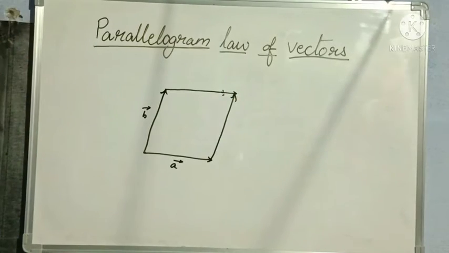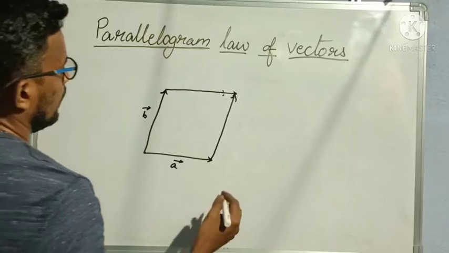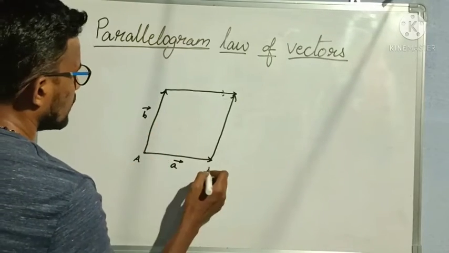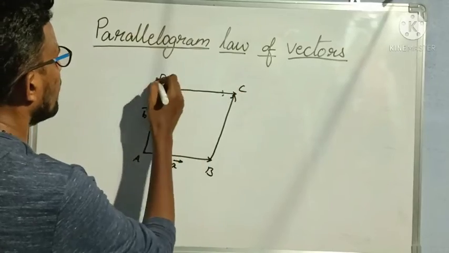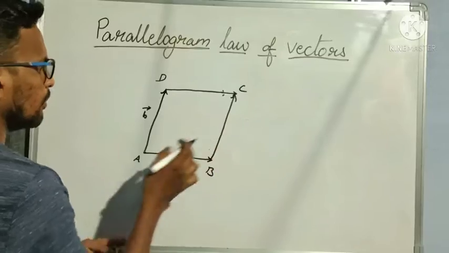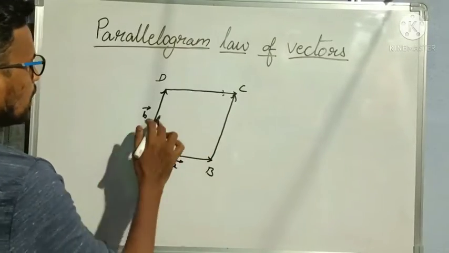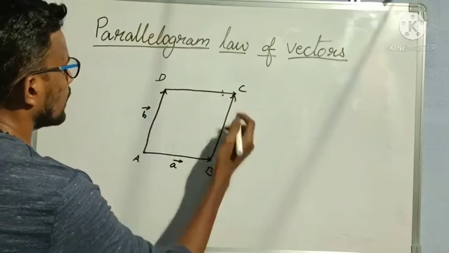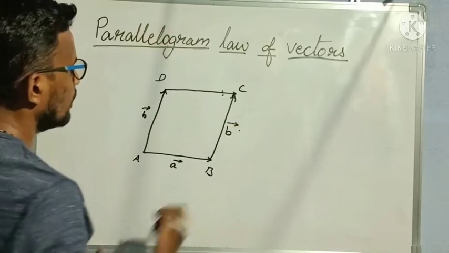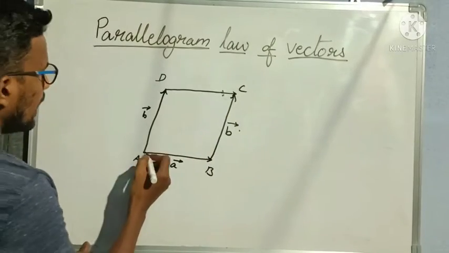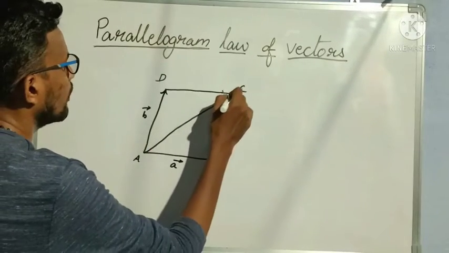If I join this and form a parallelogram like this, then see here, we know that all vectors are free vectors. Free vectors means we can shift them from one side to the other when they are in a parallel direction. So here this vector is parallel to this vector, so I am shifting this vector to here. So here this is a bar and this is b bar, but I want the diagonal AC here.